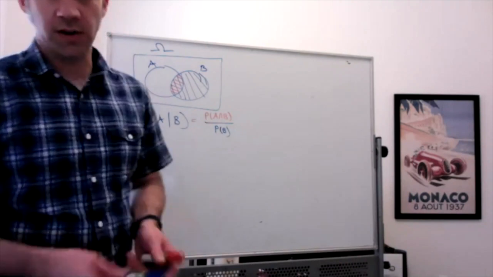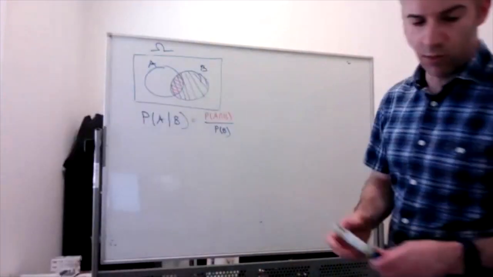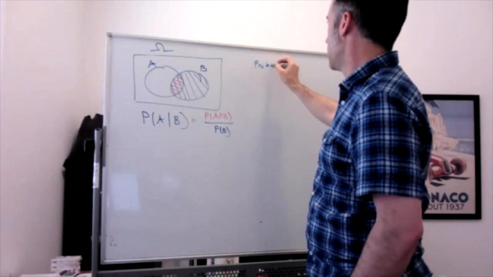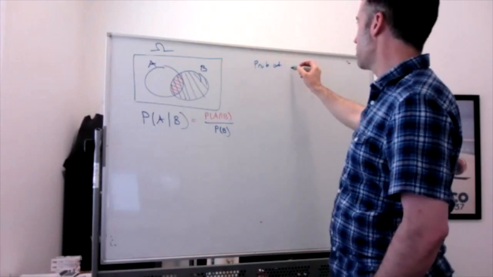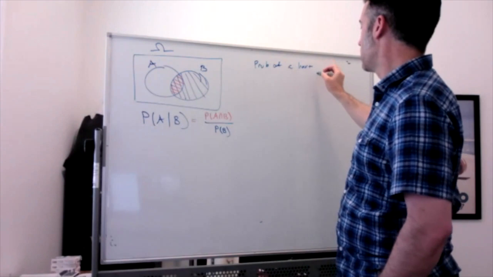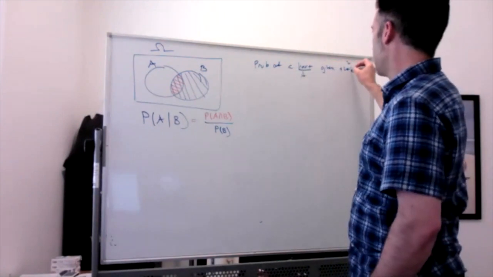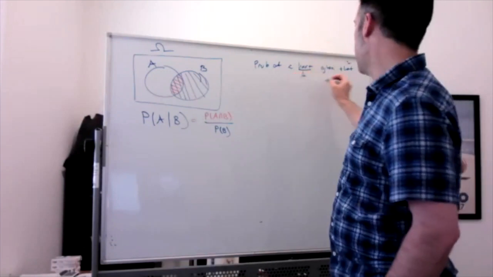Let's look at more cards. So what's the probability of drawing a heart? That's going to be our A, given that it is a 7.